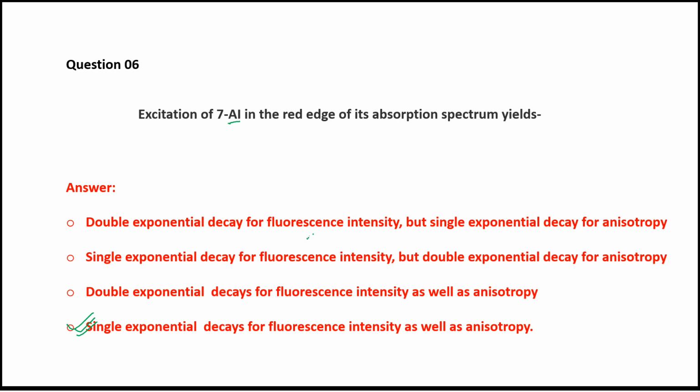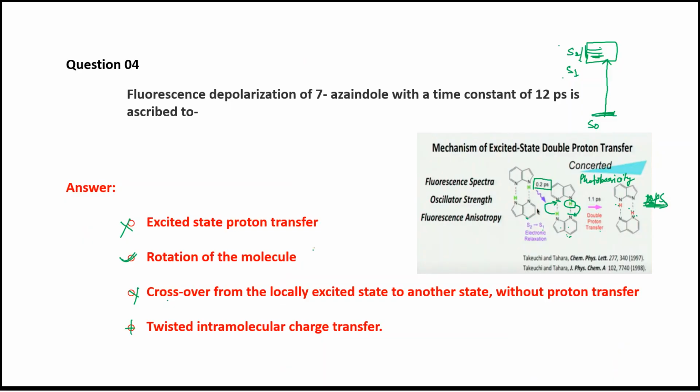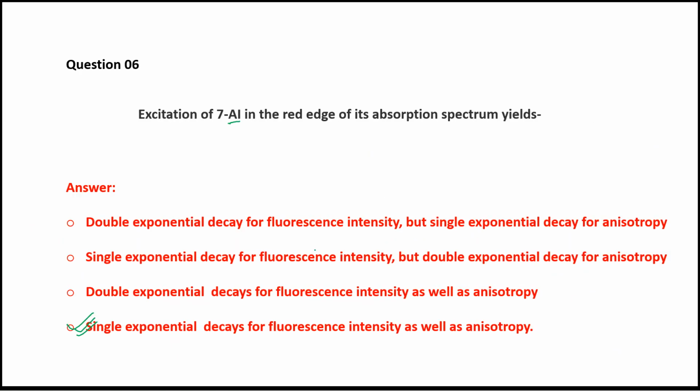The absorption they have taken is at 270 nanometer; it will be clear from this diagram. The emission for both is a single exponential decay. If you have any doubt in any of these questions, ask, or else we'll go to the next question.